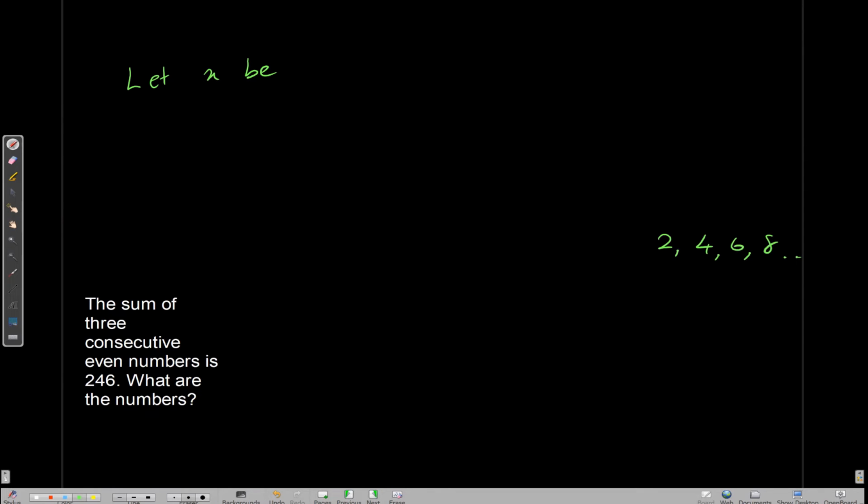These are consecutive even numbers. So let x be the smallest. Then the next is what? See, for consecutive even, it's not x plus 1 but x plus 2. And the largest, x plus 2 plus 2, so x plus 4.